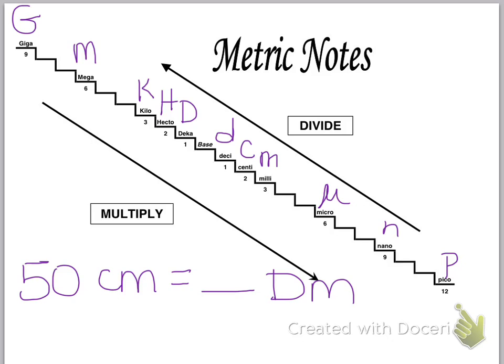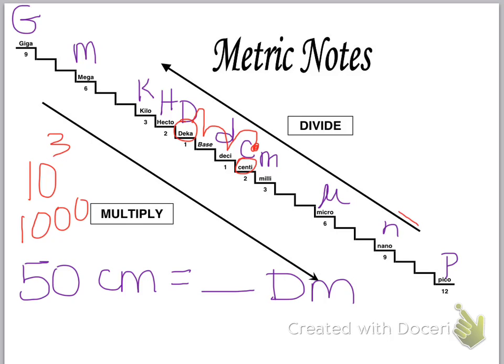So if we go back to this problem, I'm starting here at centi, and I want to go up to deca. I'm going to go up 1 step, 2 steps, 3 steps. So I'm going up 3 steps, which means 10 to the third, again 1,000. I just so happen to choose 3 steps again. I must like 3 today. So somewhere I'm going to use 1,000. Now, I started at centi and went up the stair step.